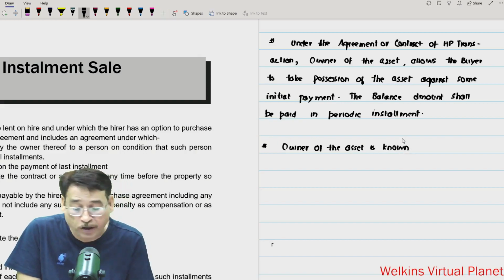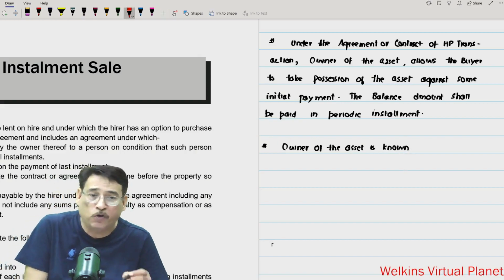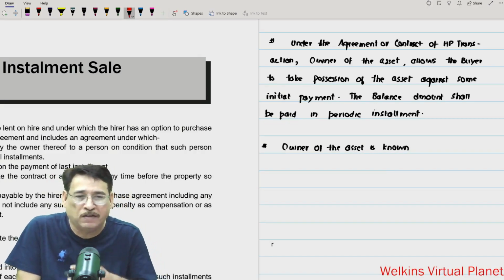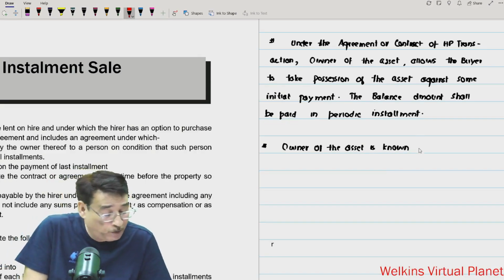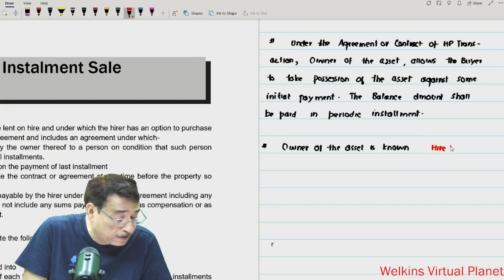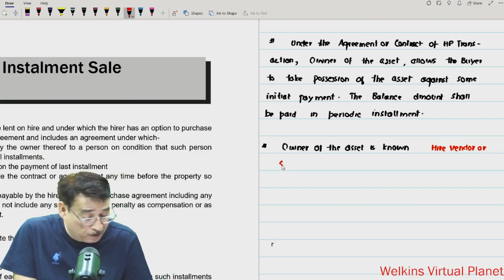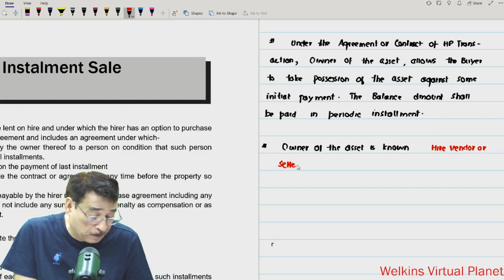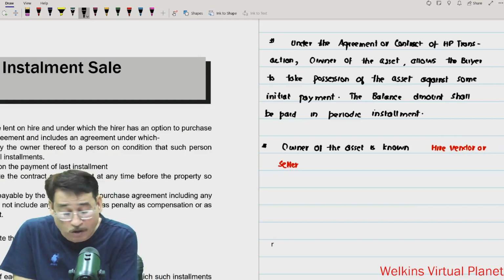Generally in accounts, the word vendor is used to denote the seller, because the owner of the asset is selling the asset. So the owner of the asset is known as hire vendor or hire seller.